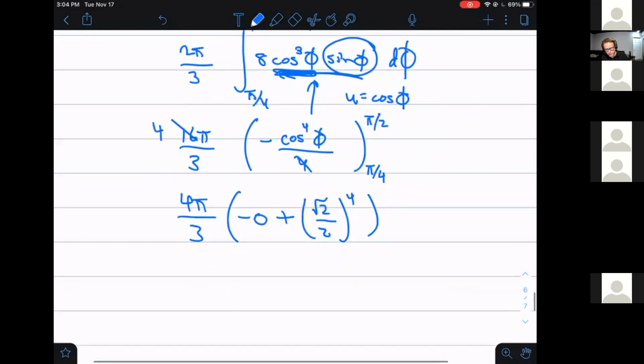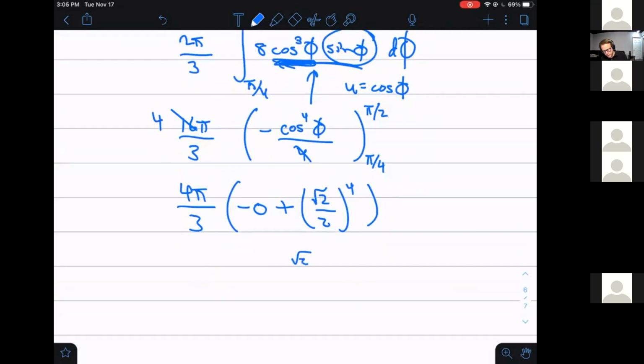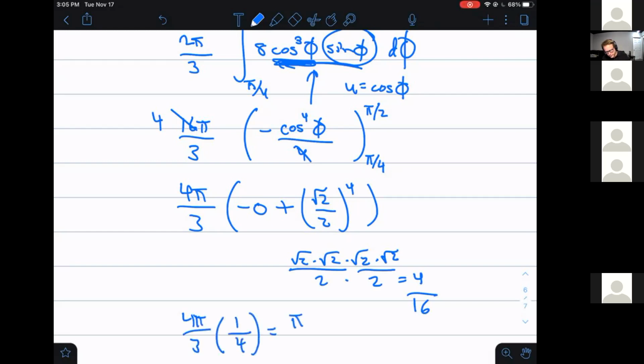And so when you take root 2 and raise it to the 4th power, root 2 times root 2 times root 2 times root 2, you're going to get 2 times 2, which is 4. And in the denominator, you get 2 times 2 times 2 times 2, which is 16. So that's going to be 4/16, or just 1/4. So we get 4 pi over 3 times 1/4. And so the final answer is pi over 3.